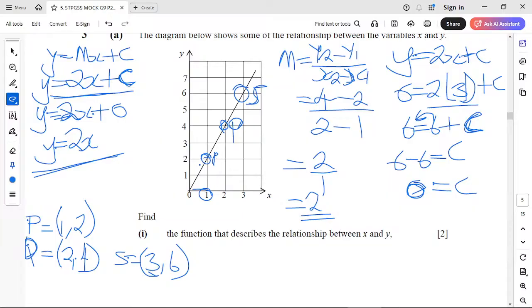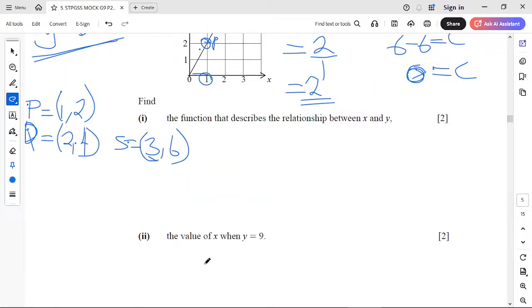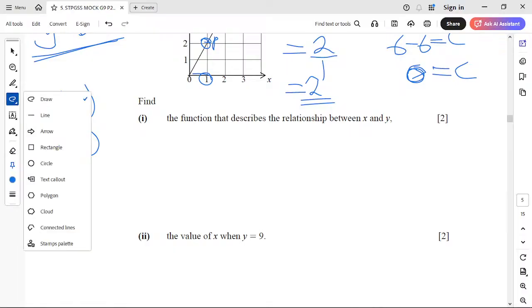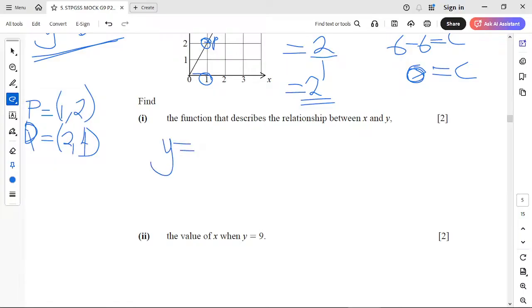So here on question 1, we can come and write. Let me just remove this so that it doesn't confuse you. Let me remove the coordinates for s, which we wrote here. Now we write the function we found, which is y is equal to 2x.